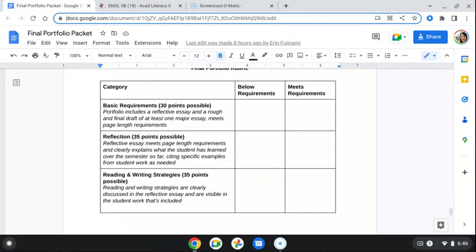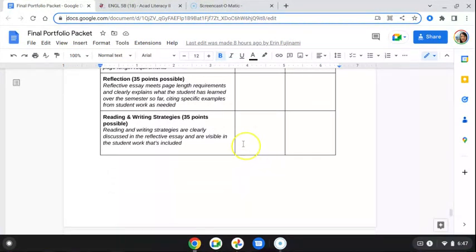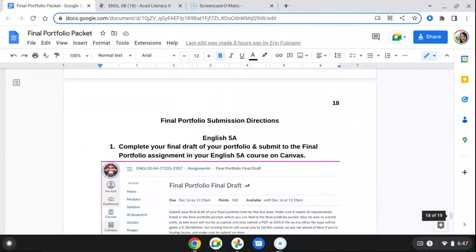So I should hear you talking about things like thesis statements or paragraph cohesion, the quote sandwich method, or using MLA format, or thinking critically, looking at rhetoric, any of those terms that we have been talking about throughout the semester. So make sure that you're naming those things when you're talking about them in your reflective cover letter.